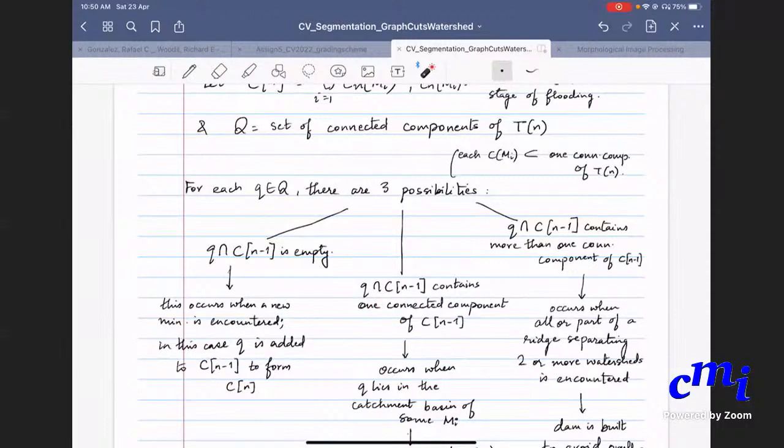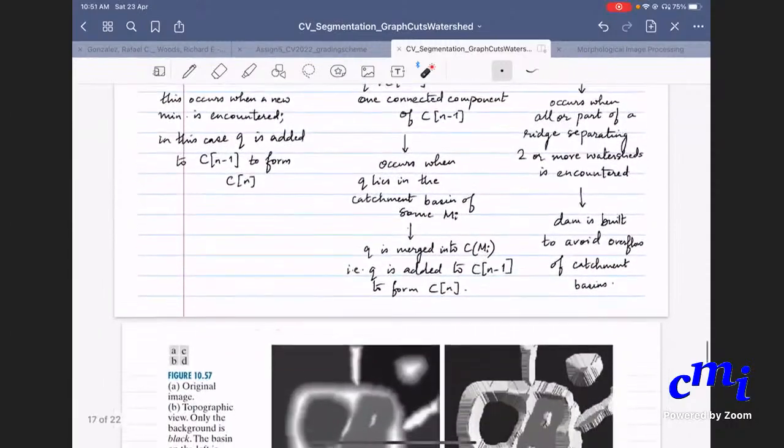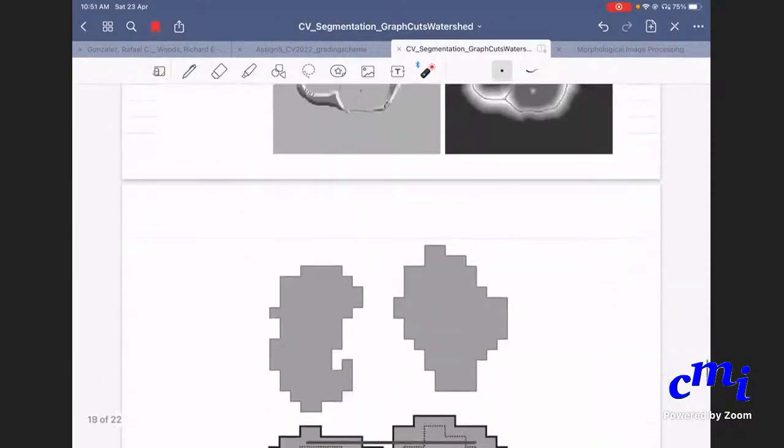And if it is a connected component which contains two or more earlier watersheds, then you realize that flooding is occurring between the watersheds, so you build a dam. So there are these three possibilities that can occur, and this is how the algorithm proceeds.